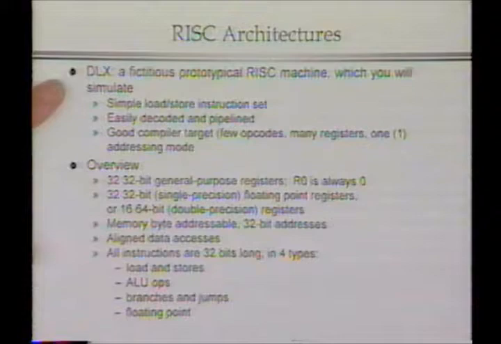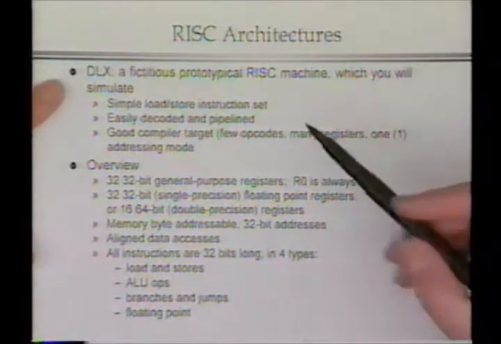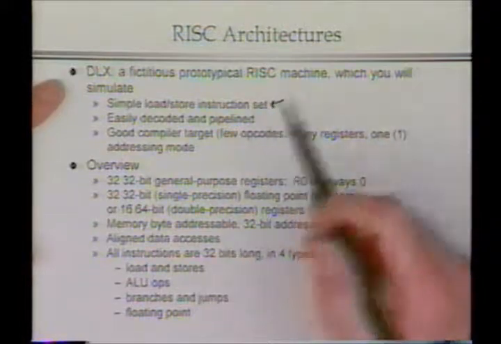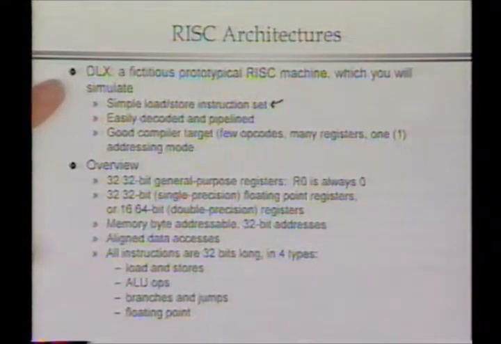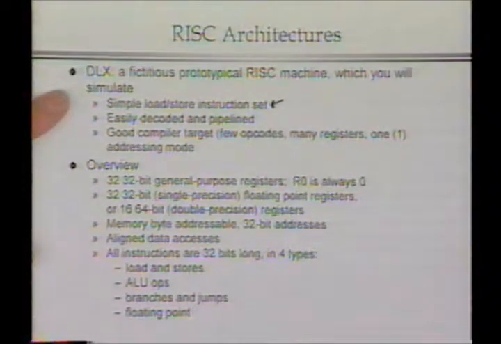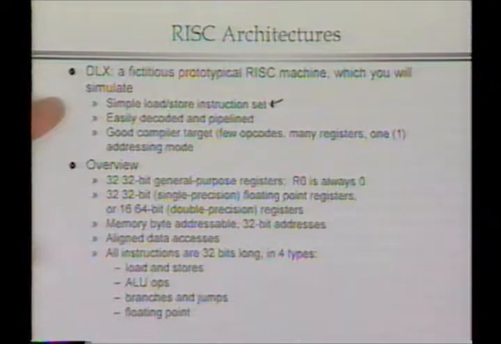And like most of the RISC architectures, it has a simple load store instruction set, which is to say the only instructions that reference memory, unlike everything we've looked at before, are load and store instructions, and all of the ALU operations and so forth reference only registers.